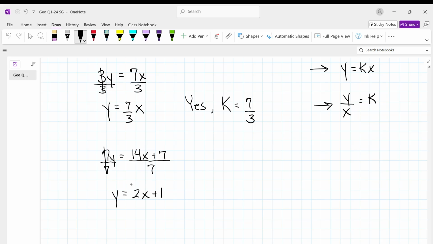Now, you just ask yourself, is this equation written in this form or this form? It's not, is it? y is equal to a constant times x, but then you're adding 1 to it. Neither of these examples of direct variation have anything added to or subtracted from the right side of the equation. So in this case, no. They don't vary directly.